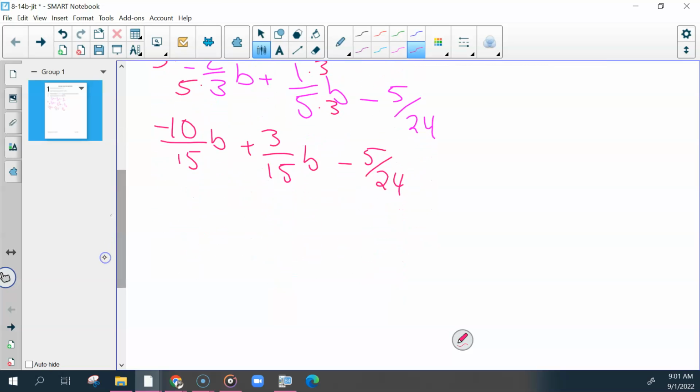Then we can combine our b's. Negative 10 plus 3 would give us negative 7/15 b minus 5/24. Neither of these can be simplified more, so this should have been your final answer.